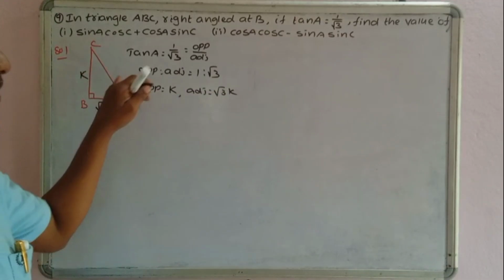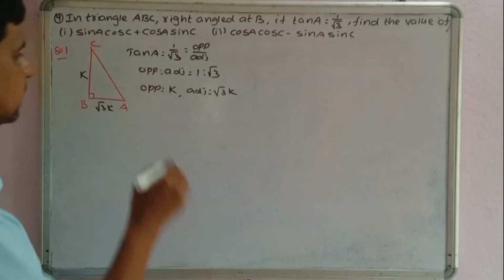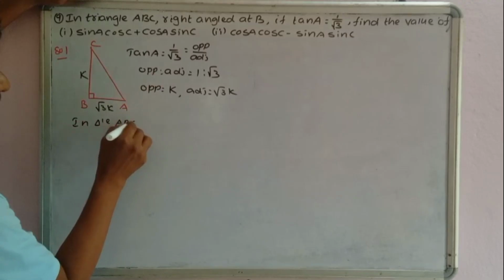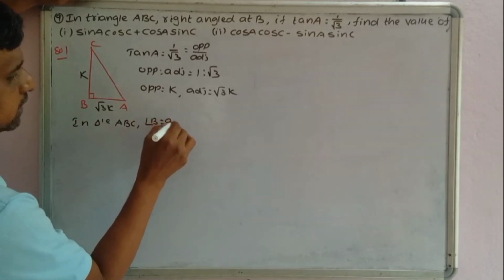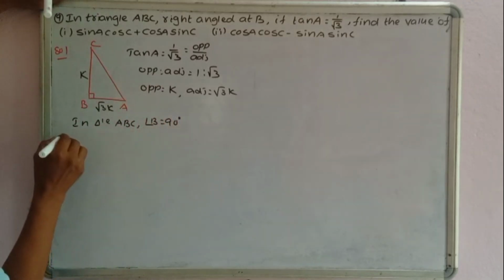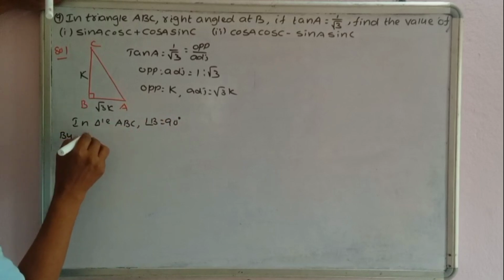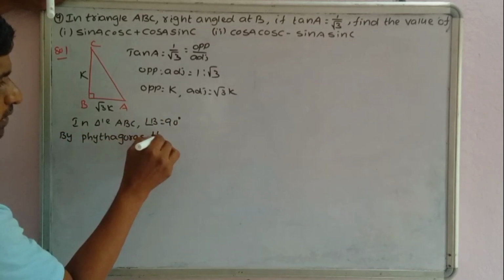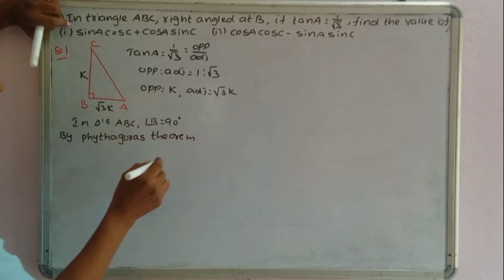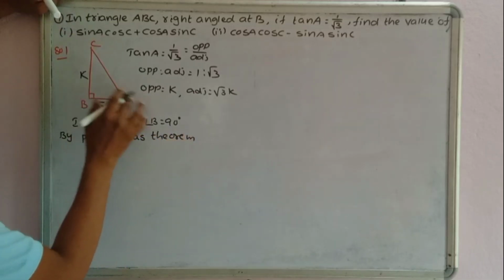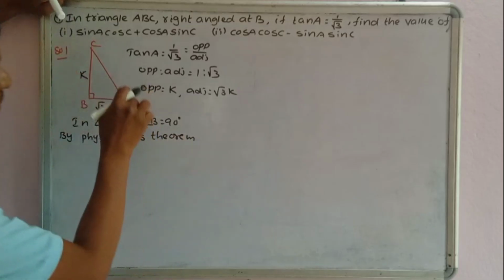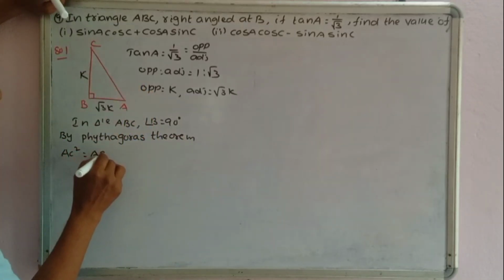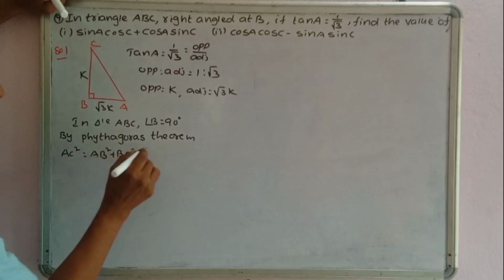Okay. First we will find the value of AC using Pythagoras theorem. In triangle ABC, angle B equals 90 degrees. By Pythagoras theorem, hypotenuse square. What is hypotenuse here? Right angle opposite is hypotenuse. Here right angle opposite is AC. AC square equals AB square plus BC square.